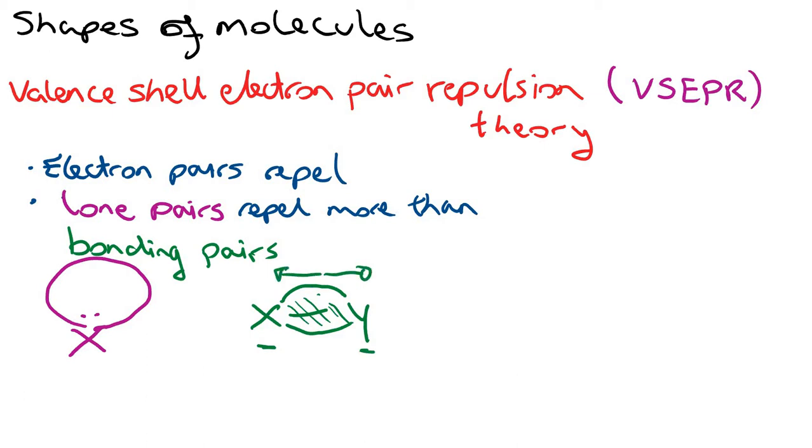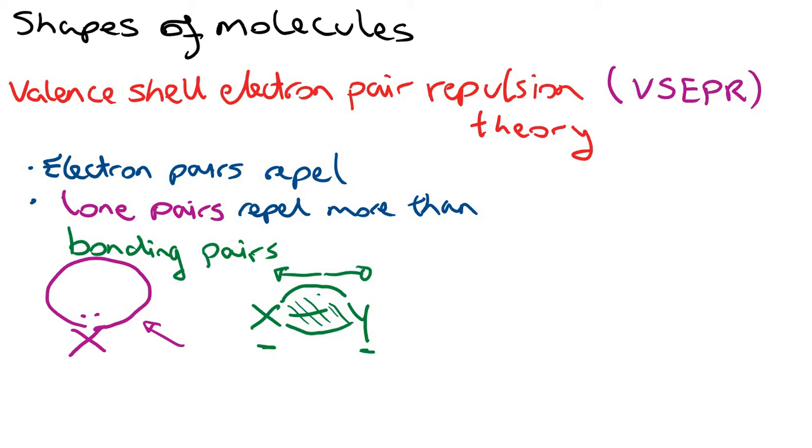So if I consider X to be a central atom, then if that electron cloud is stretched out, that's not going to take up as much space around the central atom as my lone pair there. So this basically means that lone pairs repel more than bonding pairs of electrons.